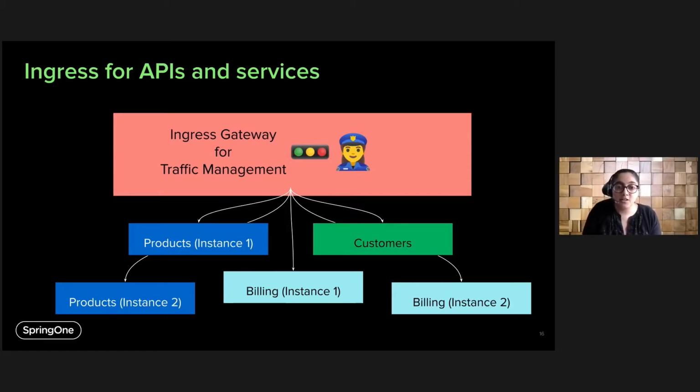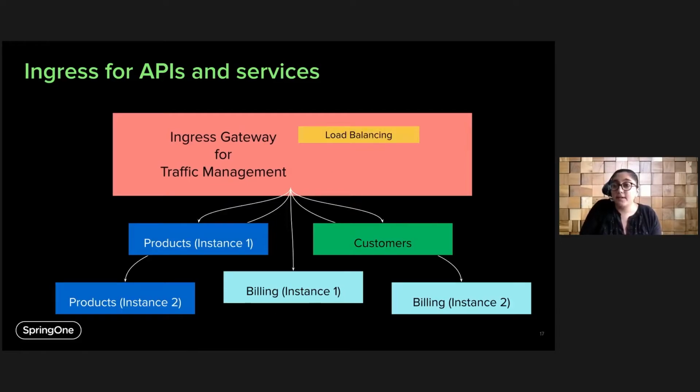And for traffic management, you can make the gateway receive all of the incoming traffic and forward it to various underlying services. This gateway can be aware of each service and its multiple instances and manage the traffic with whatever your chosen strategy is. For example, you might want to apply a ratio or a percentage of how the load should be distributed between the various instances.